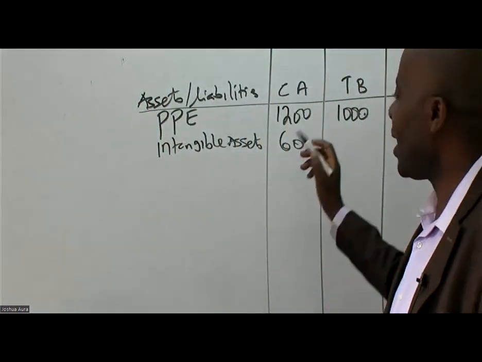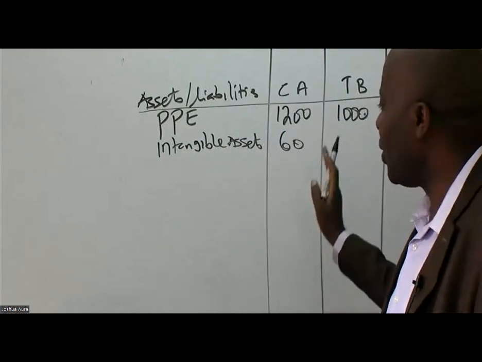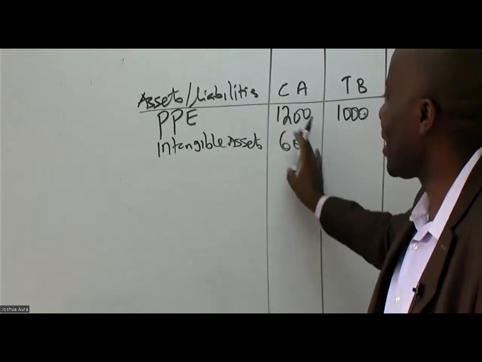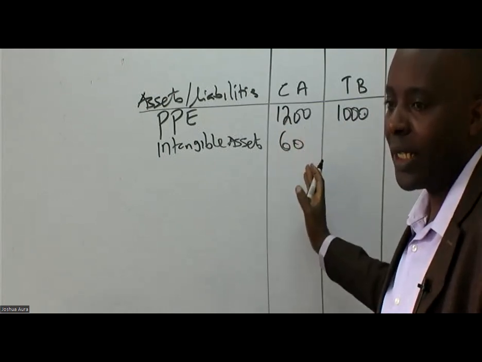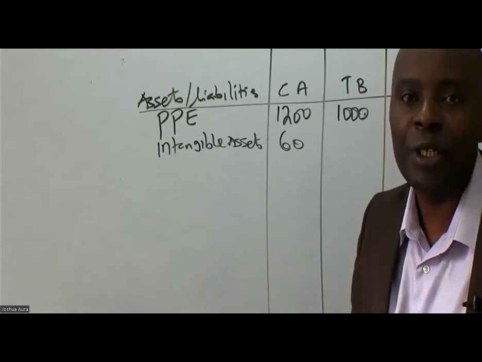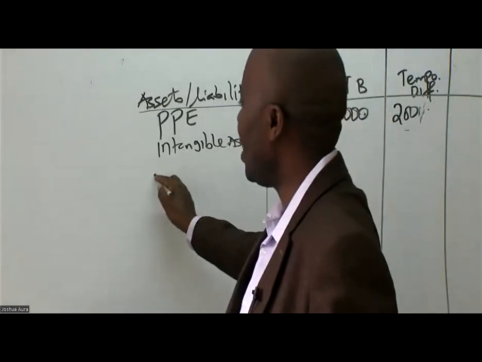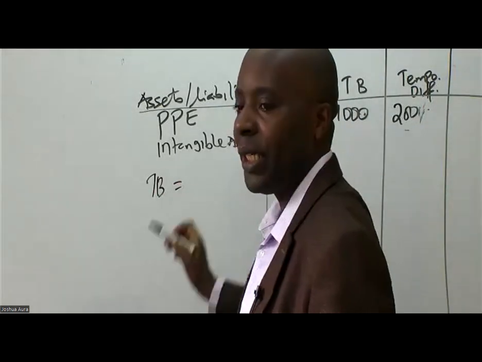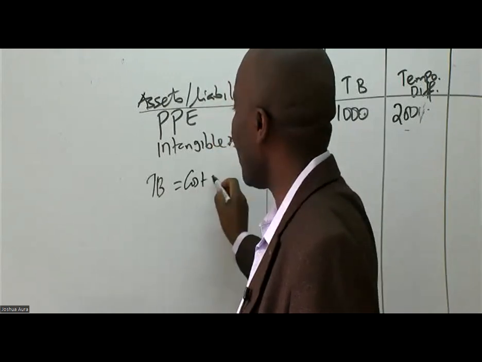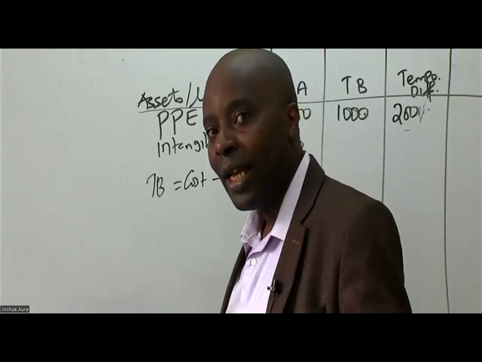And then the tax base, listen to me very well. They are telling us that they had allowed this entire 60 for purposes of tax, meaning that this entire amount had been given out as capital allowance. How do we get our tax base? We take the cost of the asset minus any accumulated capital allowance.